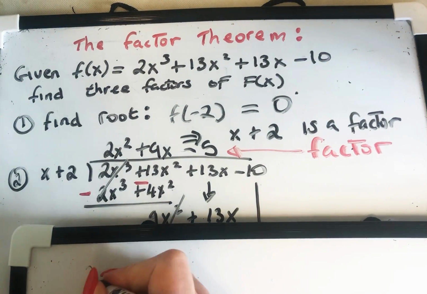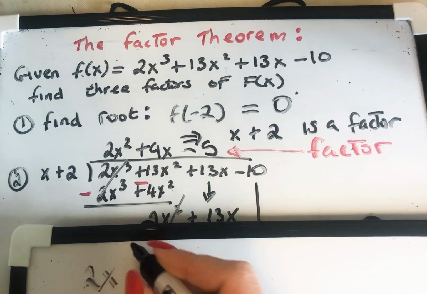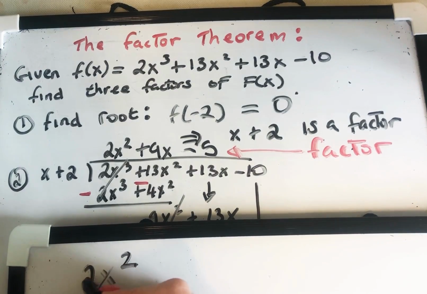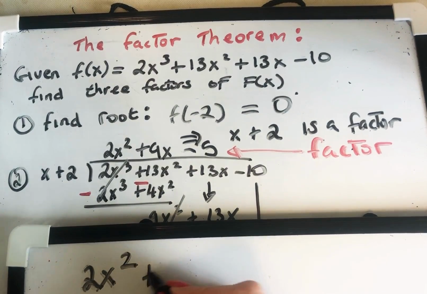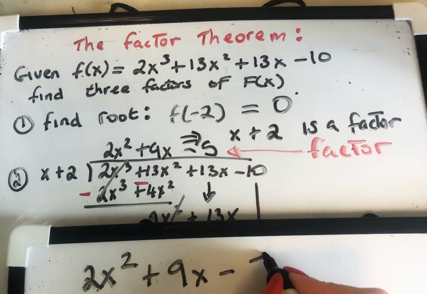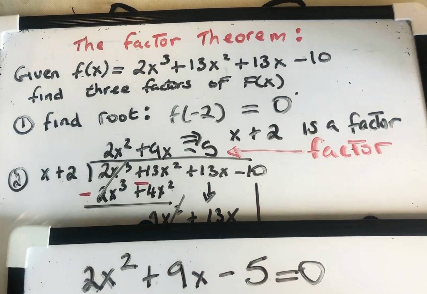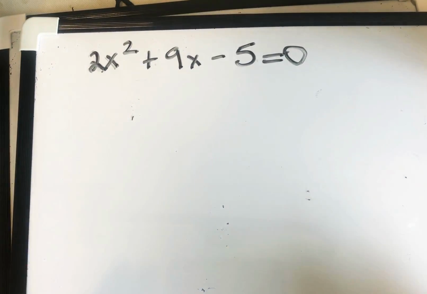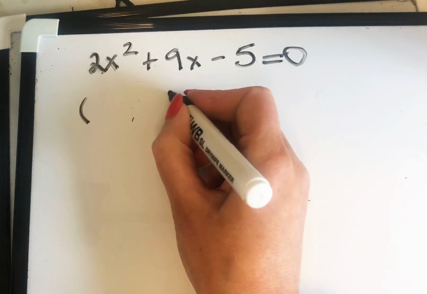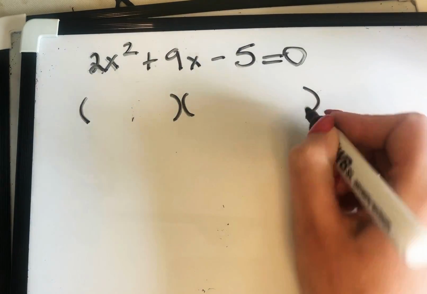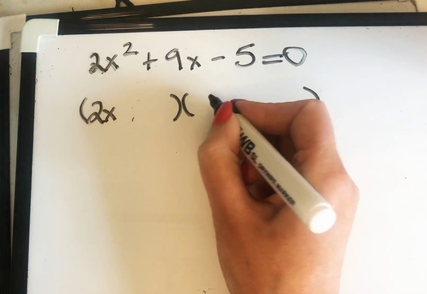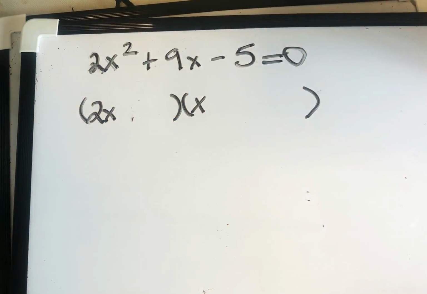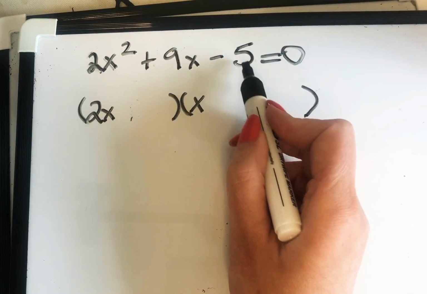So let's write that down. We have 2x squared plus 9x minus 5. Let's open up two brackets, 2x in one, x in the other. And we think to ourselves, how could we possibly get minus 5?